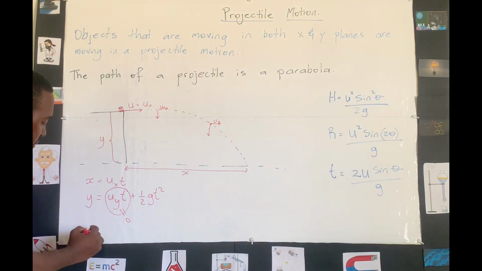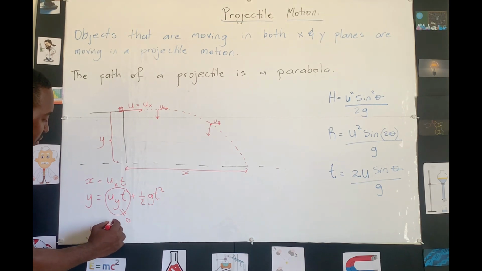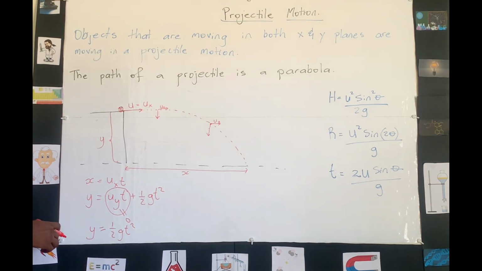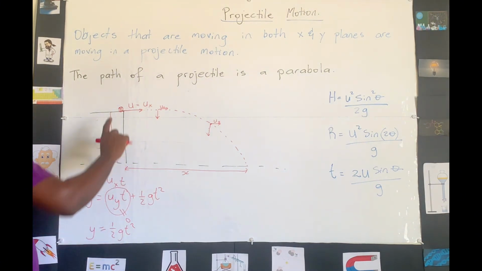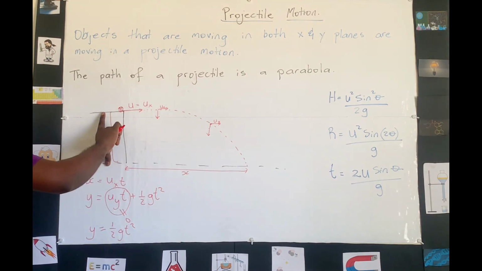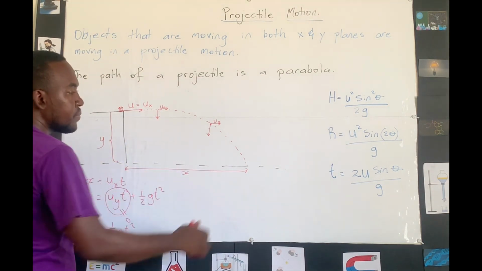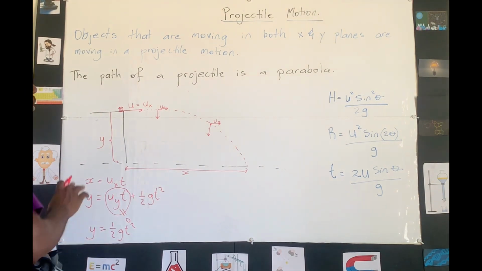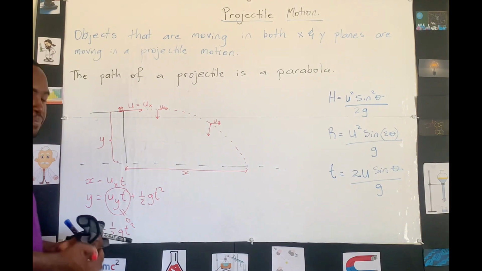So therefore, this formula becomes y equals half g t squared. We can use that to find the time specifically, because most times they will give us the height of where it's coming from. Or if you have the time, you can find the height at which it was falling from. So this is another type of projectile. You can call this a half projectile motion.